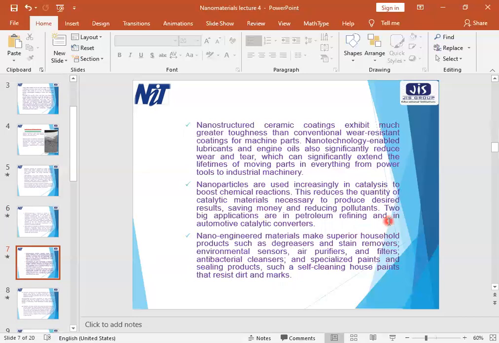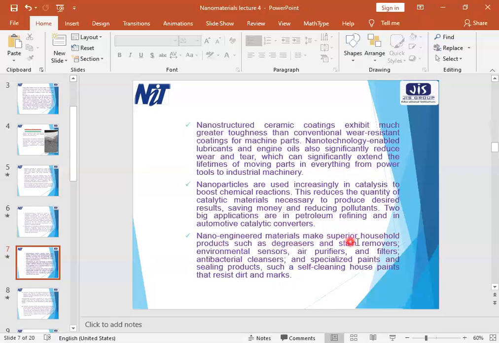So because of that, the quantity of catalytic material required becomes less. So in petroleum refining, this can be used to refine a high amount of petrol with a small amount of catalyst.